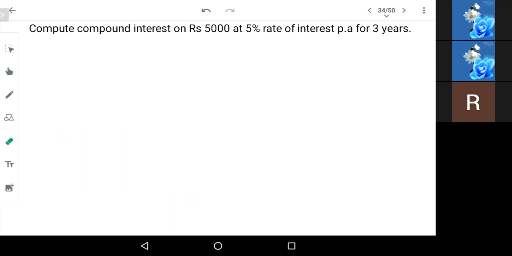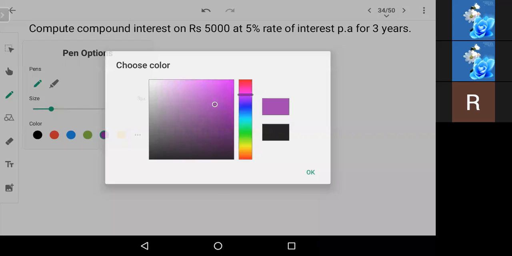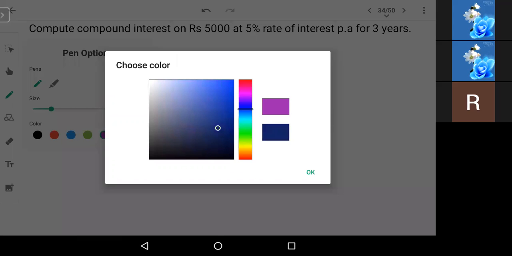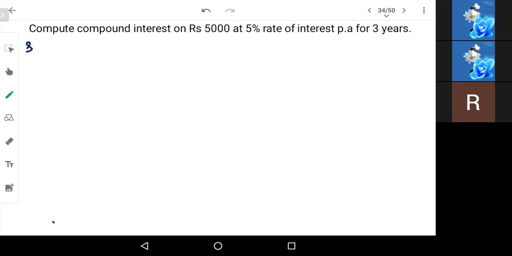So the first problem is calculation of compound interest. Let us see what all is given. Calculate compound interest on rupees 5,000 at 5% rate of interest per annum for 3 years. So what is given? Principal is given, which is 5,000.